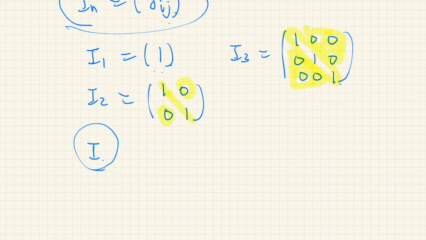The identity matrix is so called because it acts as the multiplicative identity in matrix algebra. So that means this.